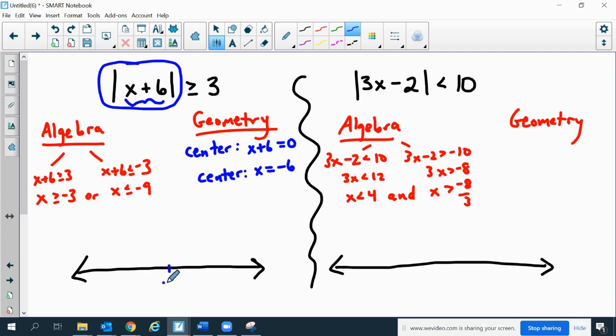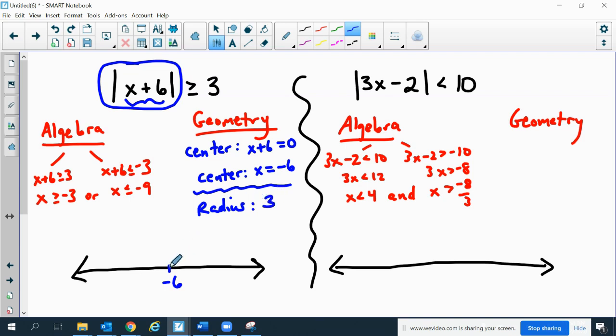So at -6, I have the center. The other thing we have to figure out is the radius. The radius is the distance away from the center that I can possibly be. The distance must be greater than or equal to 3. So my radius in this problem is 3.